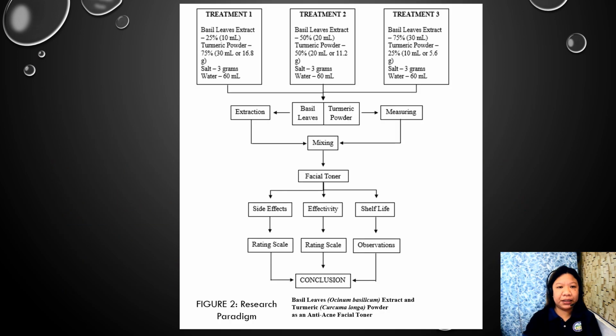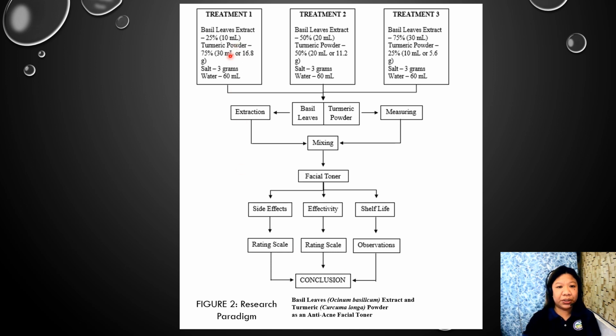Okay, after identifying the research design, the next step is to write the research paradigm. The research paradigm addresses how the problem should be understood and addressed in a given research. Let's say given this example, basil leaf extract and turmeric powder as an anti-acne facial toner.